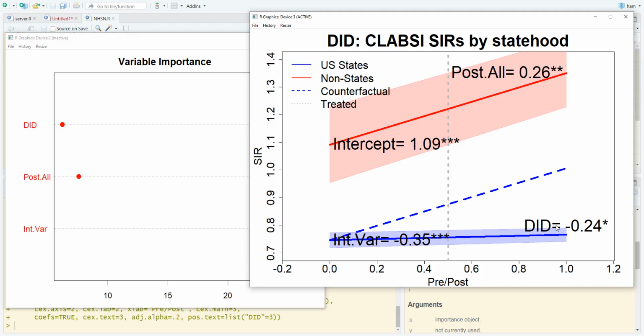Okay, and then we go finally to the DID coefficient, and that equals negative 0.24. And that's significant.